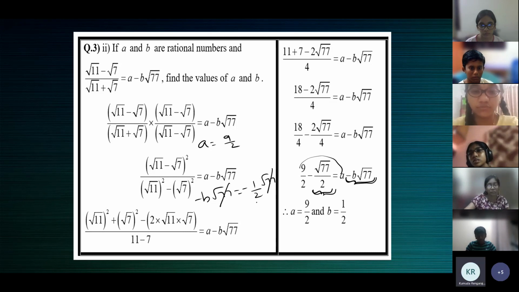Root 77 on both the sides gets cancelled. Minus on both the sides gets cancelled. B is equal to 1 by 2.